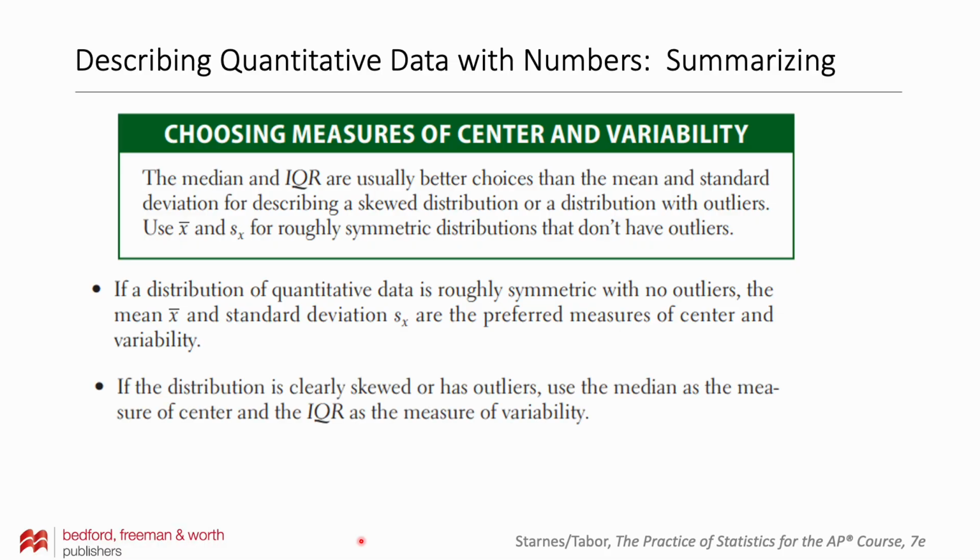As a refresher, if it's symmetric, use the mean and the standard deviation. If there are outliers or it's clearly skewed, we want to use the median and the IQR as our measures of center and variability. And we use the range to measure variability only as a last resort.